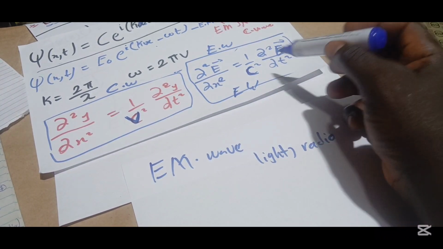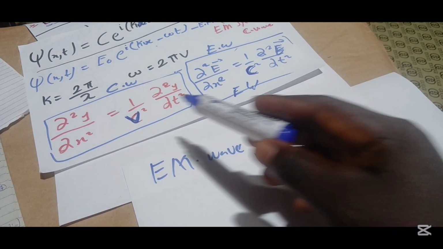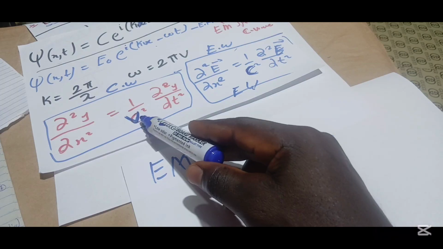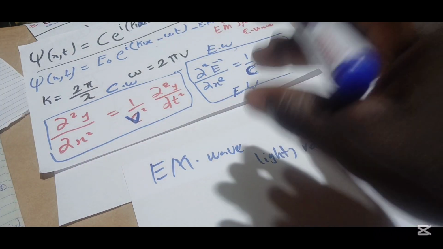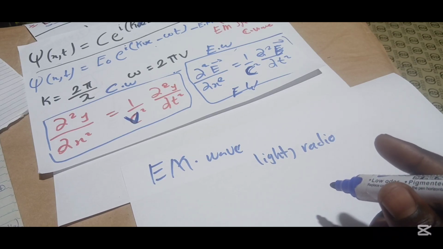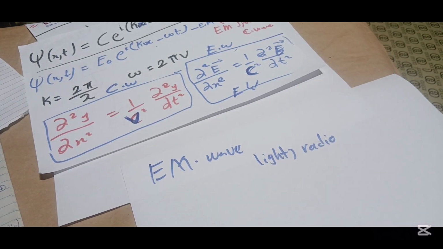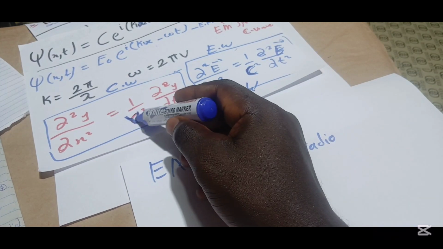That is why we have the term here to be the speed of light. And here we are normally dealing with that wavy substance that we experience on water bodies, water or air. So that is why we are dealing with velocity here.